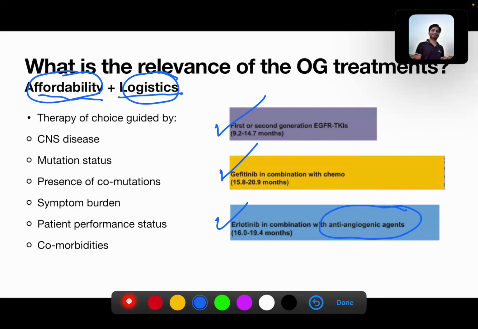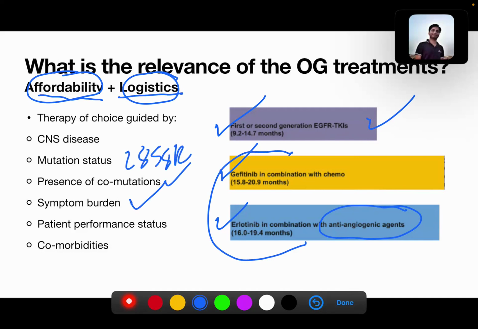You can give these alone in poor PS patients who can't tolerate combination. And you give combination in patients who have co-mutations like TP53 or high symptomatic burden, or if they have, suppose, L858R mutation. So with high risk features, you can give combination. And with poor performance status, you can give single agent EGFR TKIs, first generation, second generation.